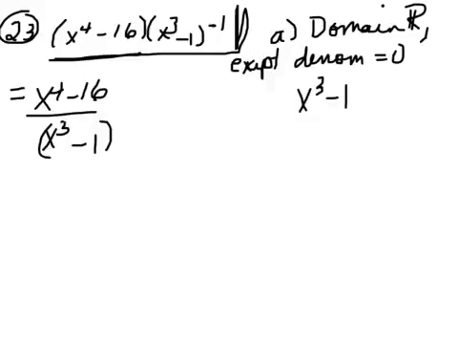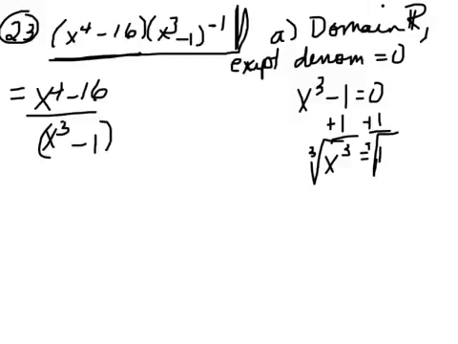X cubed minus 1 equals 0. Let me just add 1 to both sides. Where would I get x cubed equal positive 1? If I cube root both sides, I just get one answer: x equals 1. 1 cubed is 1. So my domain would be all real numbers, but x can't be 1, because if I plug 1 in there, I'll get 0 in the denominator.